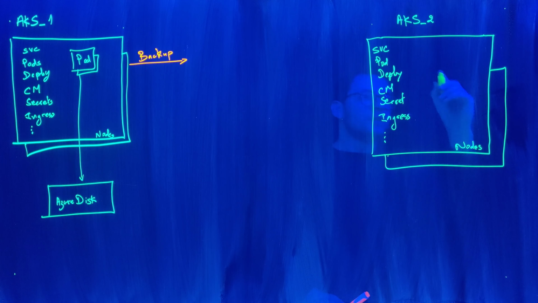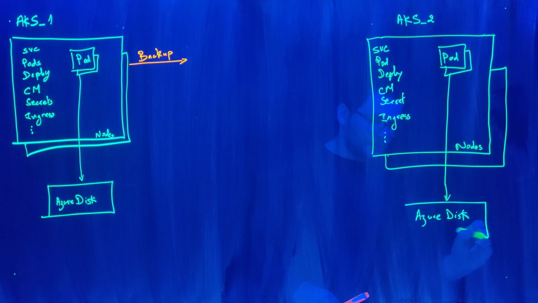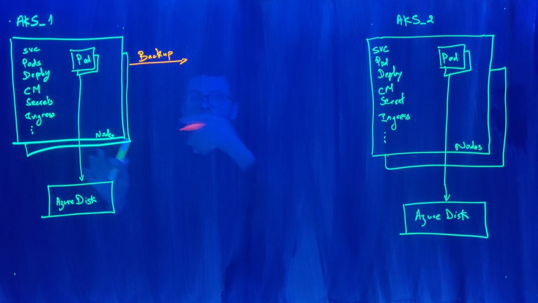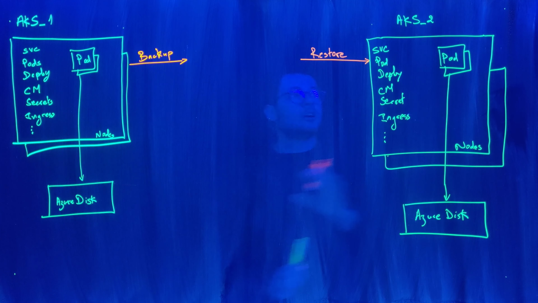So for that pod that is using an Azure Disk, this pod here should get access to the Azure Disk with that data. So from here, we will perform a backup into something that we'll discover later, and from there we want to perform the restore operation. I want to restore everything from here into this cluster.